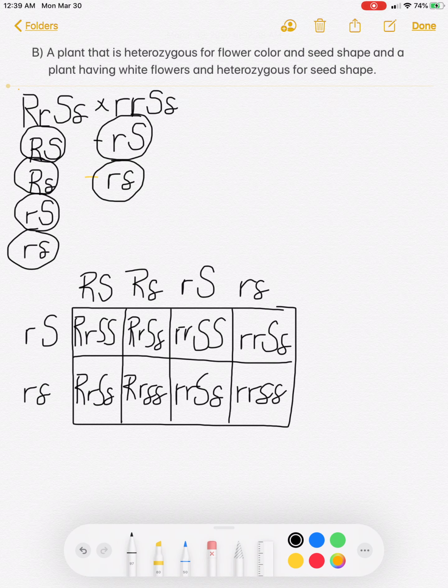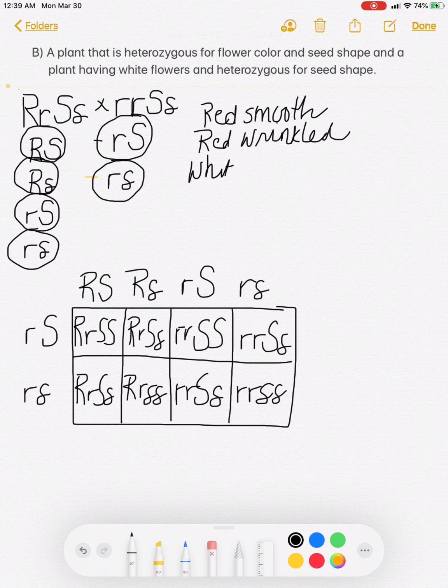So let's just do red, smooth. Let's see if I can write this a little faster. And I'm not going to write out the incomplete genotypes, but if you remember, you know what you're looking for in each one.